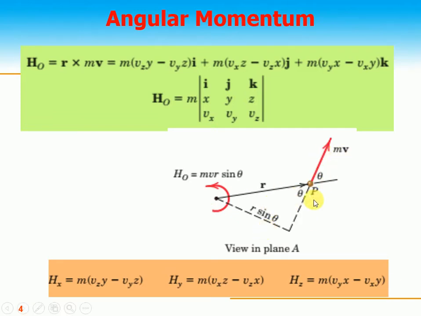So it becomes mvr sine theta. I show this in a plane, but if it is three-dimensional, this is the x component of the angular momentum, this is the y component, and this is the z component, that is Hx, Hy, and Hz.